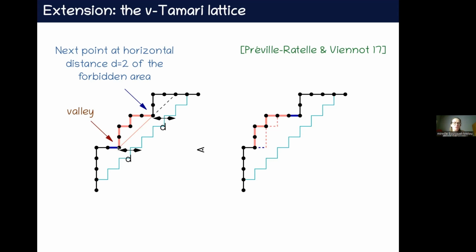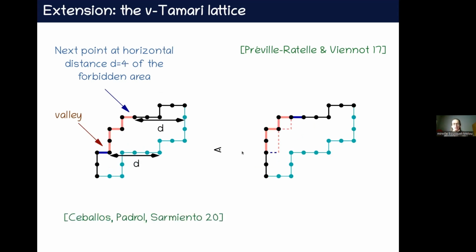And then I move along the path and look at the next point that is at distance d from the forbidden area, and it's this one. And so this is another way of describing this point. And then I do the swap. So now with this formulation, you can use it as well when the base path is something different, not necessarily a stair.